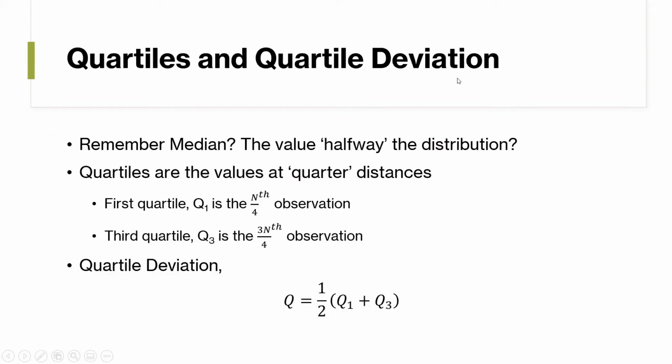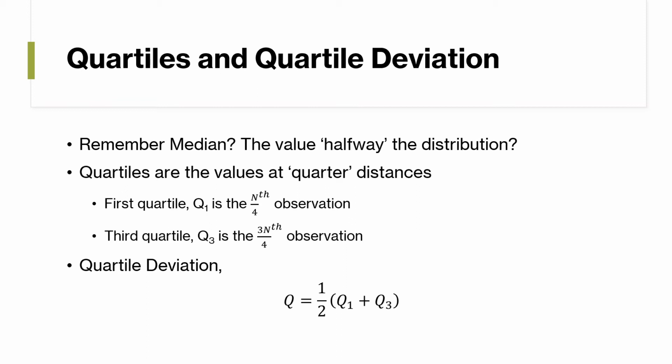The next measure is quartile deviation. To calculate quartile deviation, we need something called quartiles. As the name suggests, it is something to do with quarters. So what we would do is take the distribution and find the value in the quarter position. Remember median?